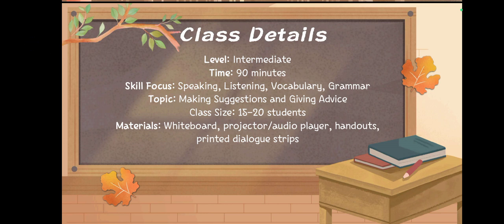The class size is about 15 to 20 students, as you are students now, and the materials used for this lesson plan are whiteboard, projector or an audio player, printed handouts, and dialogue strips.